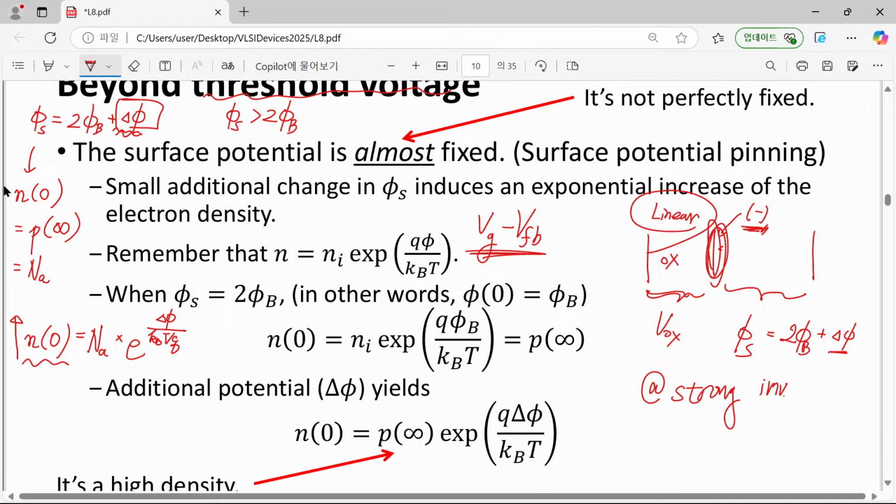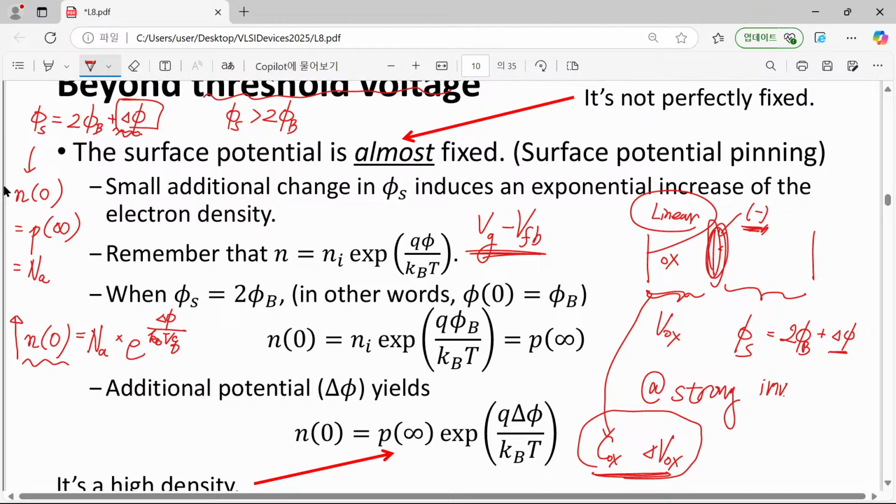If we have a certain delta V ox, then we can have this amount of charge collected by our oxide layer.